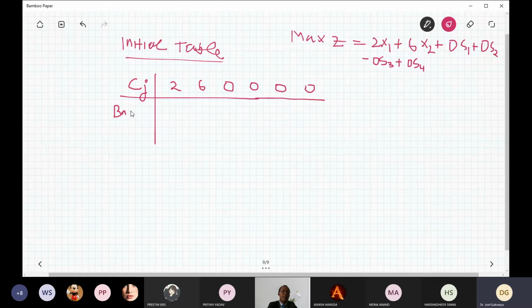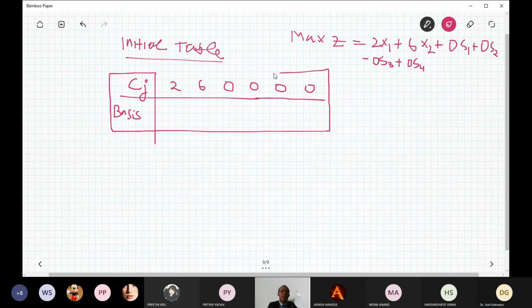These bases are known as the basic variables. Remember, what is the Cj?